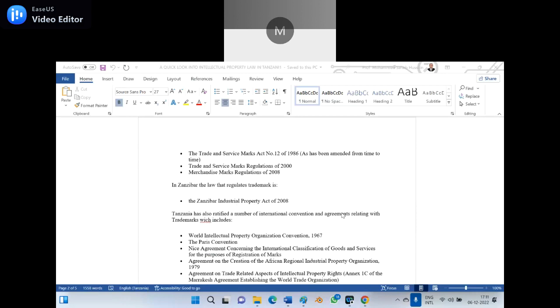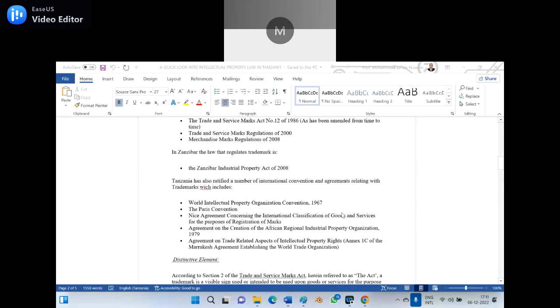In Zanzibar, the law that regulates trademarks is the Zanzibar Industrial Property Act of 2008. So different laws are there for Tanzania mainland, and different laws for Zanzibar, as we made clear on the screen.